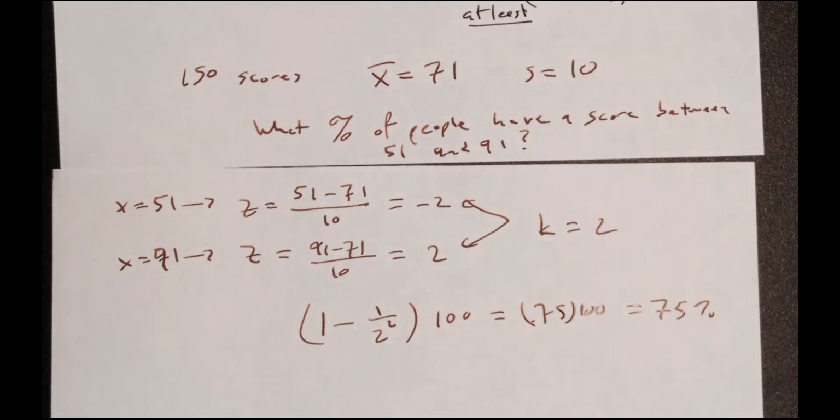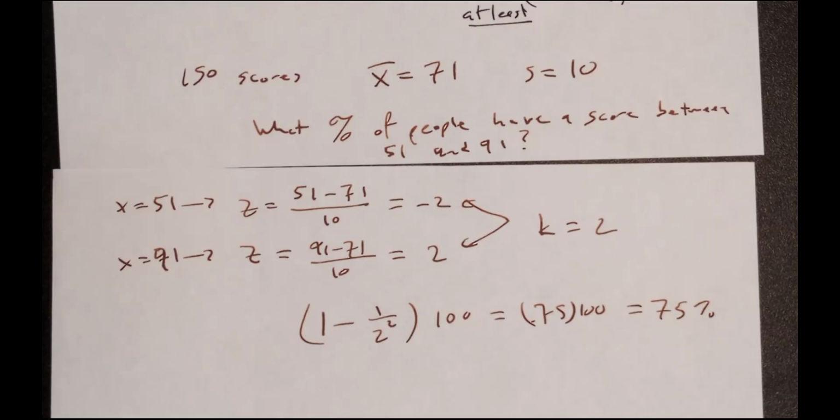Now, that's 75% of my students. How many actual people is that? 112 and a half. I don't know how to do a half a person. Let's err on the side of caution. Call it 112.